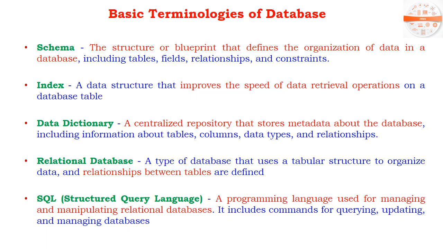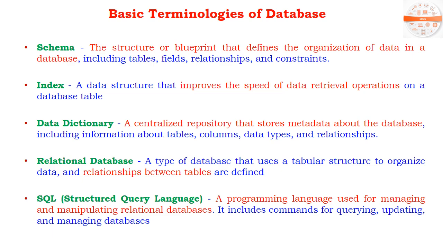For example, if you are referring to any book, first you will go to the index page. Why are we searching the index page? So we can improve the speed of searching, right? We can directly go to the particular page with the help of the index. Similarly, the database also uses the index to improve the speed of data retrieval operations.